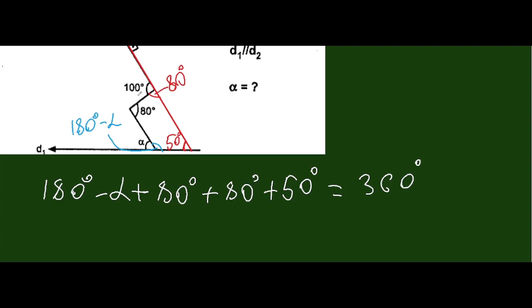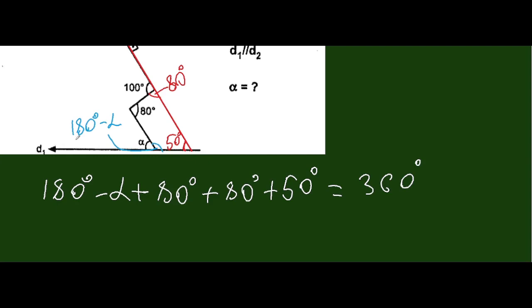The sum of these three angles will not be equal to alpha, because this line is just standing like this.